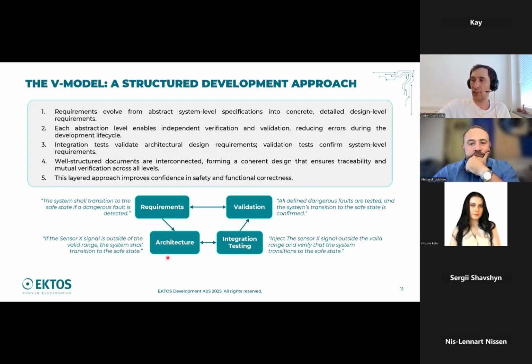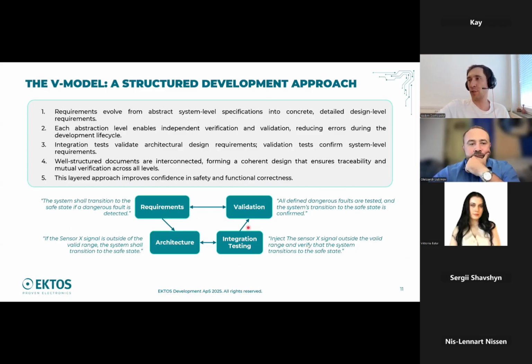Okay, having requirements and architecture design allows us to make verification more systematic. On the one hand, we have requirements and we have to verify these requirements during integration testing, like injection of a fault. In this case, we can say, okay, just inject some signal which is outside of the range and confirm that this particular requirement works.